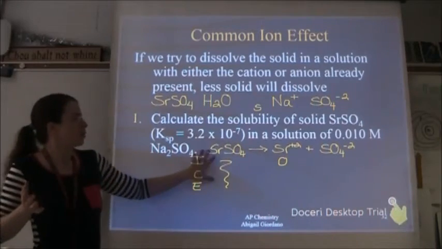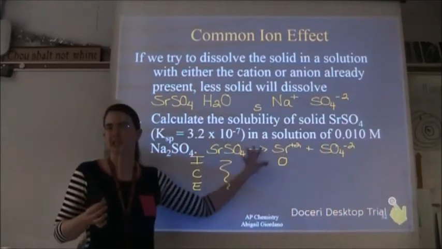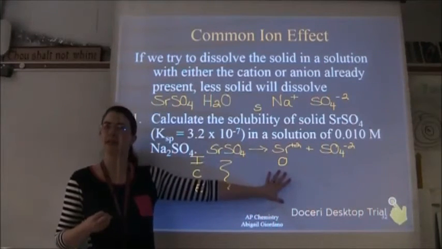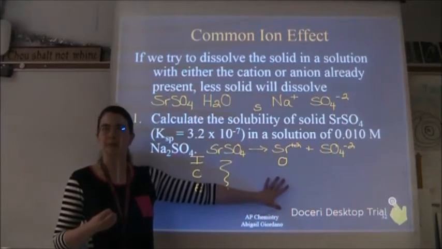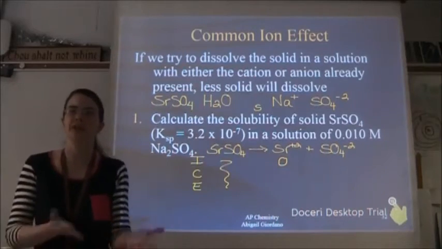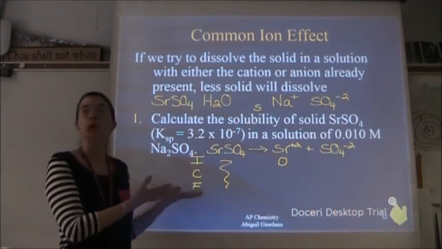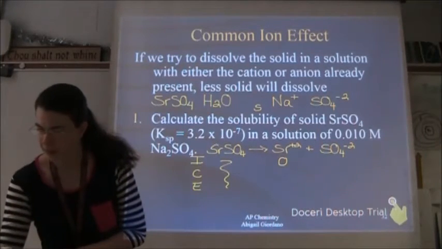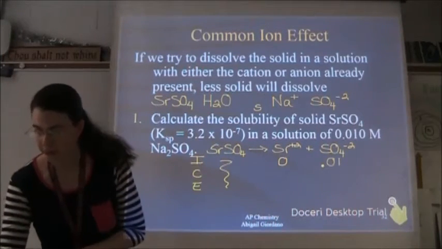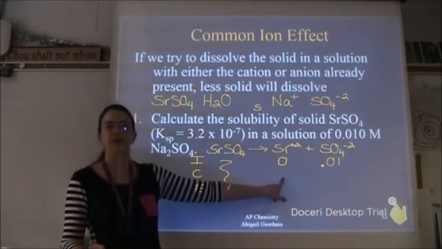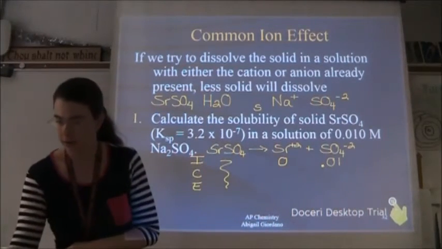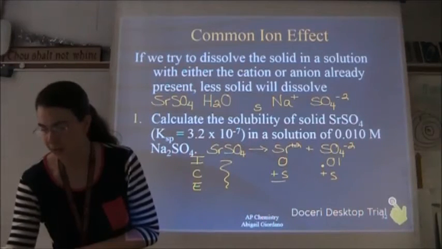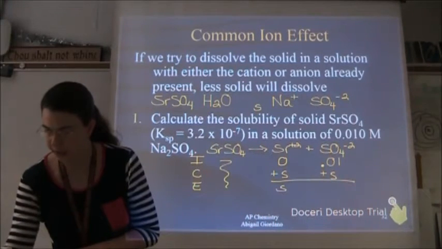What do I do? Remember, this is very much like a WOMIX problem, except let's change that last letter. This is like a WOMIS problem. What kind of numbers do you put in this table? Molarities. Well, there it is. 0.01. What should I put under this right here? Plus S. How nice, we've got all coefficients of 1.